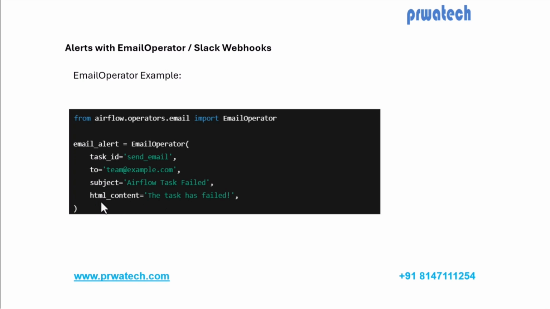Next, HTML content, where the message will show the task has failed. This is what an email operator is used for, to send alerts or notify people.